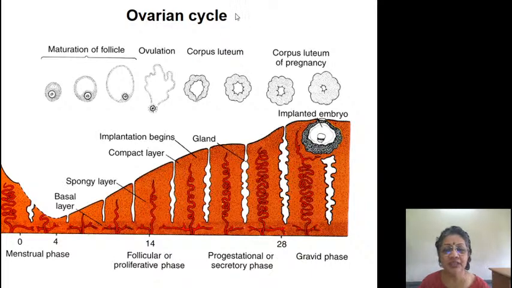So now let's go to the next organ, which is the uterus. Now I put this here again for you to correlate that under the influence of the female reproductive hormones, both the organs, the gonad and the muscular sac-like receptacle for the fertilized ovum, which is the uterus, will respond to different phases of what is happening.